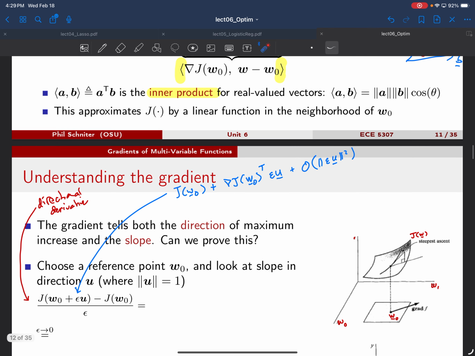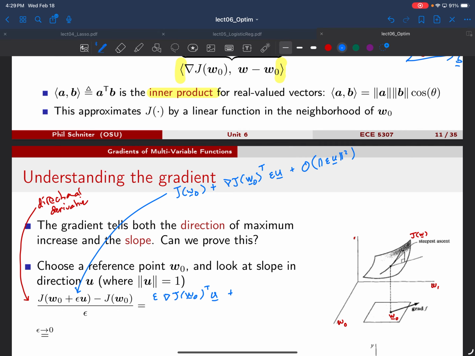Now imagine that I'm plugging this expression in here. You can see that I'm going to cancel this constant term with this, so that will vanish. What will remain is the gradient evaluated at vector W naught, transpose times u, and I will pull the epsilon, which is a scalar, to the front.